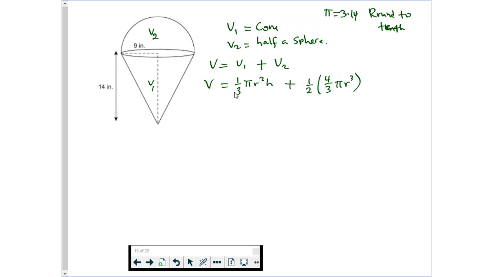So give me volume 1. You already finished your start. That means this one: 1 over 3 times 3.14 times the radius 9 squared times the height 14, plus 1 over 2 times 4 over 3 times 3.14 times the radius 9 here.